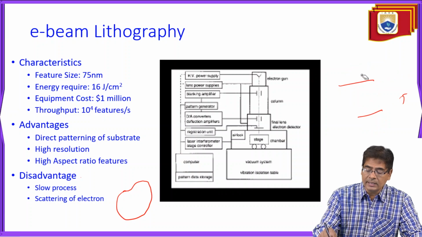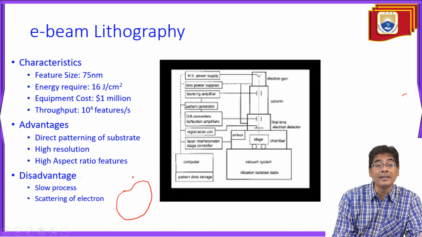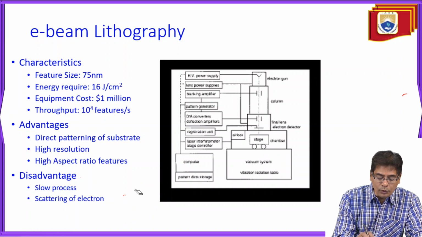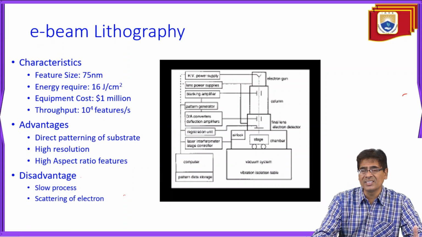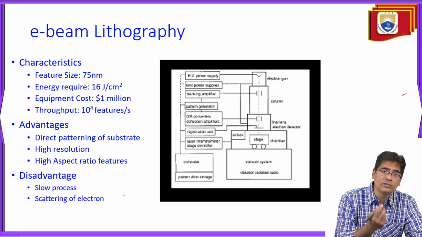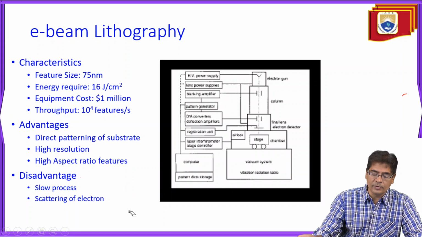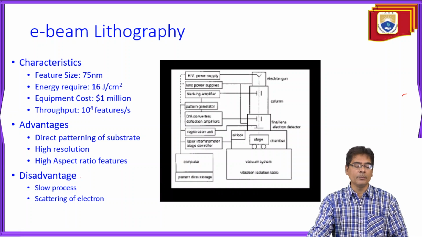Using E-beam lithography, patterning this circle on the substrate, around 225 nanometers in diameter, takes around 24 hours. So it is a very slow process to write the pattern on the silicon wafer. Moreover, electron scattering also takes place more. Those are some of the disadvantages of using E-beam lithography.